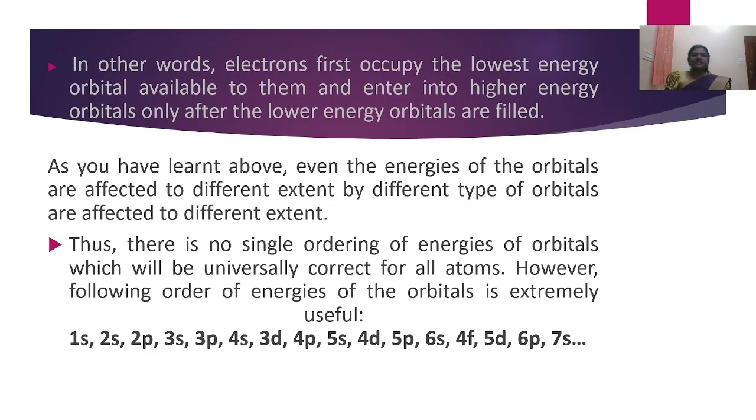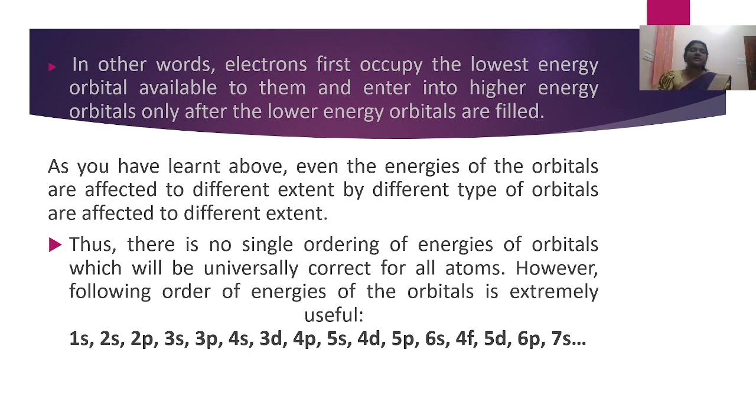In other words, electrons first occupy the lowest energy orbital available to them and enter into higher energy orbitals only after the lower energy orbitals are filled. As you have learnt above, the energies of the orbitals are affected to different extents by different types of orbitals. Thus, there is no single ordering of energies of orbitals which will be universally correct for all atoms.